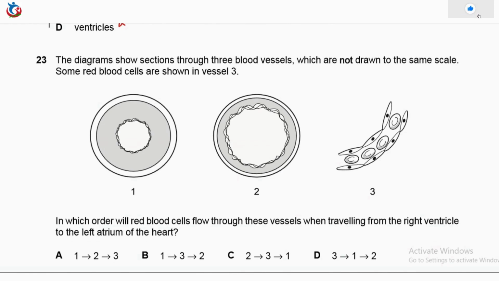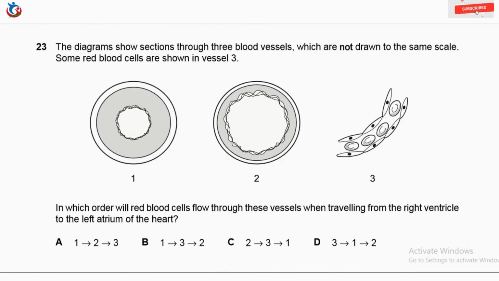The diagrams show sections through 3 blood vessels, which are not drawn to the same scale. Some red blood cells are shown in vessel 3. In which order would red blood cells flow through these vessels when traveling from the right ventricle to the left atrium of the heart? So we just have to label these vessels.